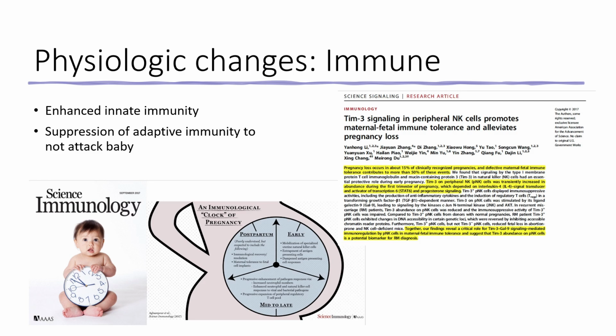A lot of times, it's so important during this time that mom maintains her health, especially her diet. Obviously, we want to decrease any type of exposure to infection, so that way she doesn't get sick, as well as her newborn.